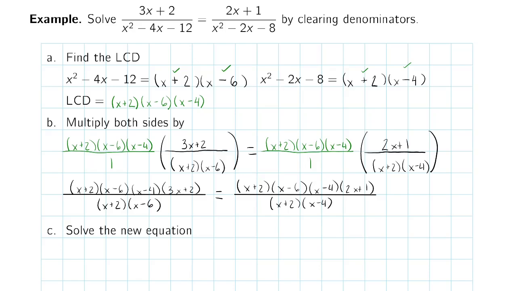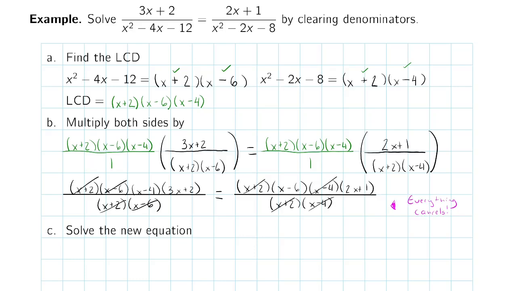And now I'm going to go through and cancel common factors. So on the left, my x plus 2's cancel, my x minus 6's cancel. On the right, my x plus 2's cancel, and my x minus 4's cancel. And that's what I wanted to have happen, right? Everything in the denominators cancels.